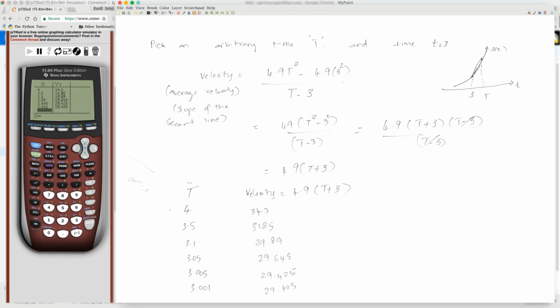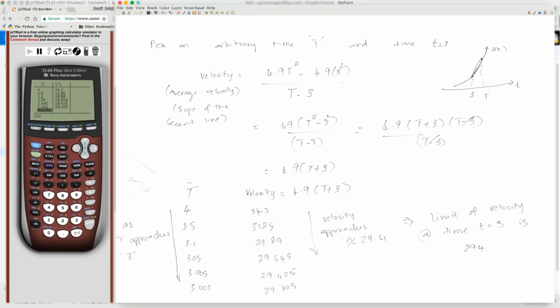So as t approaches the value 3, the velocity approaches approximately 29.4. This would imply the limit of velocity at time t equals 3 is 29.4. That's what we mean when we say limit.